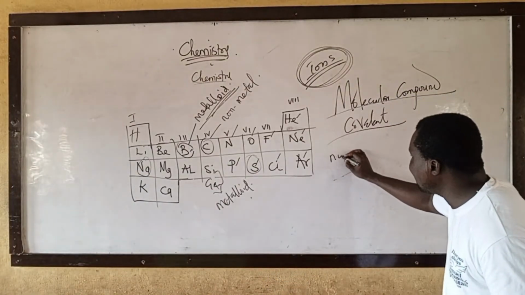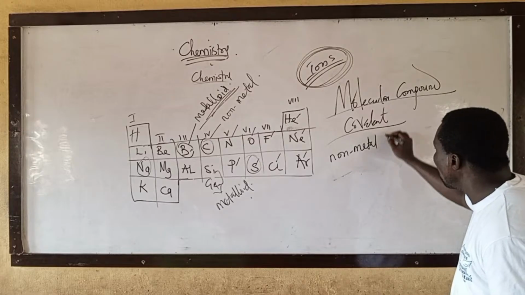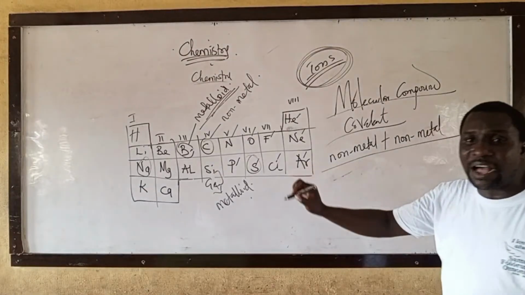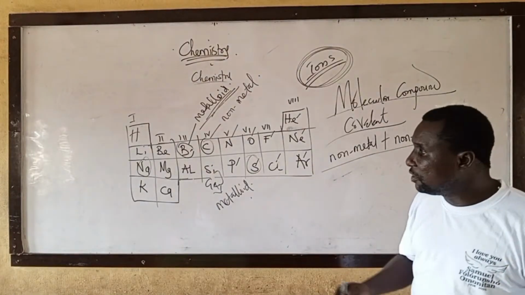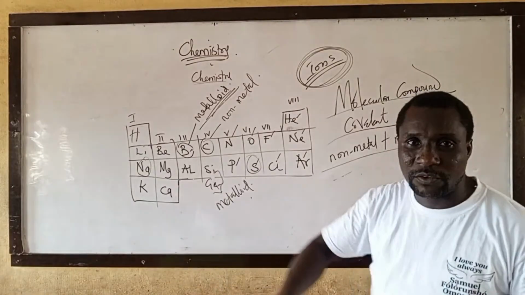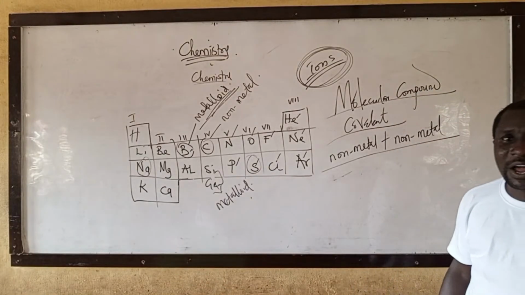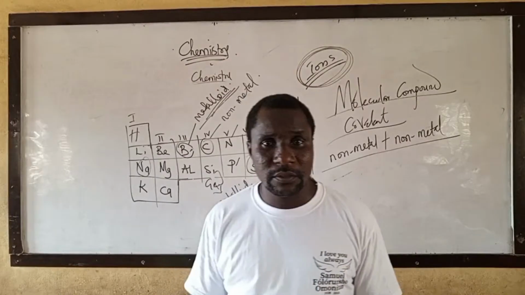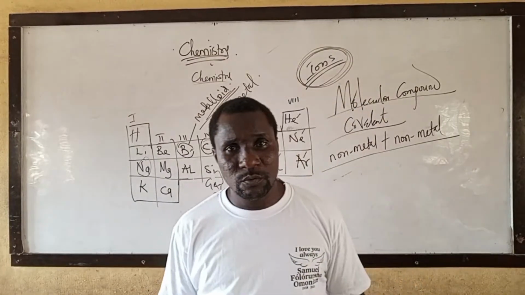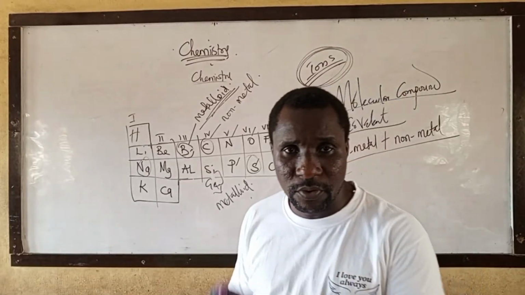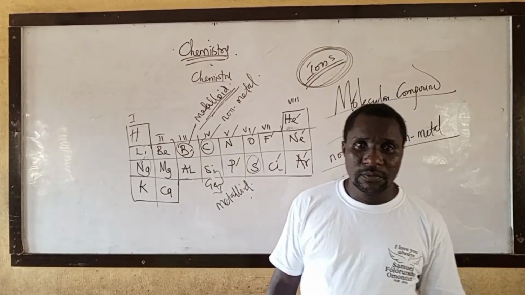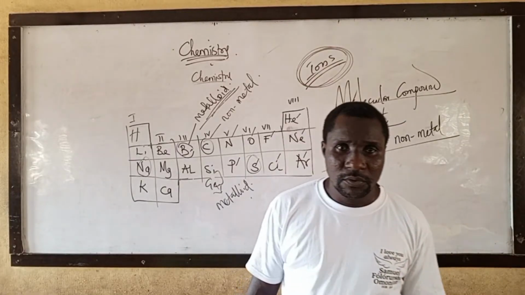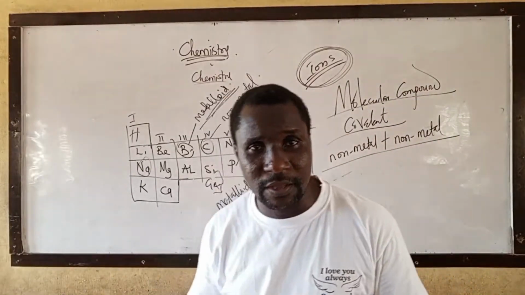When you see non-metal combining with non-metal, write it down: when non-metal combines with non-metal, you have a covalent compound, or molecular compound. Please take notes.